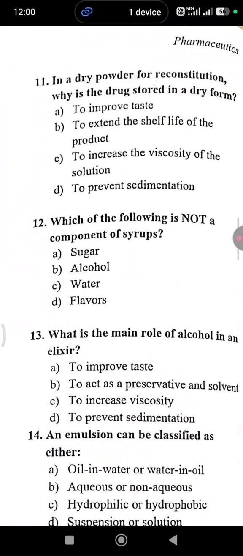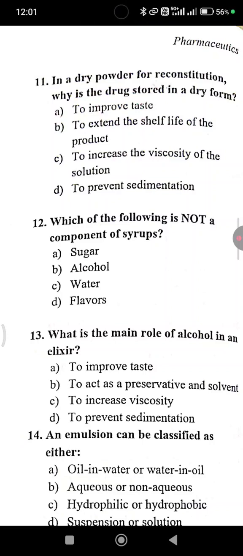Next question. In a dry powder for reconstitution, why is the drug stored in a dry form? Option A, to improve taste. Option B, to extend the shelf life of the product. Option C, to increase the viscosity of the solution.